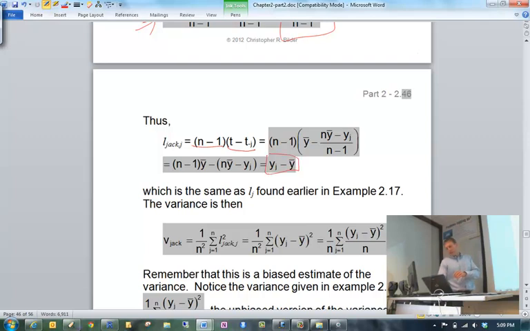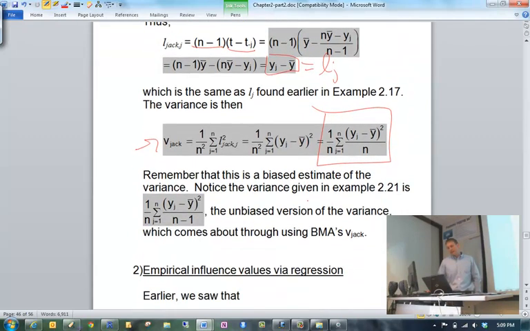And look what we are left with: y sub j minus y bar. Hopefully that looks familiar, because that was alpha sub j. So that's nice. Remember that L jack is supposed to be an approximation to L j, and in this example we did exactly the same thing. So then what's V jack? Of course, obviously the same thing we had with the empirical influence values.